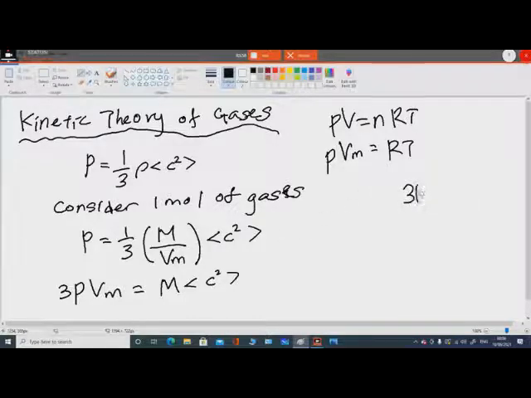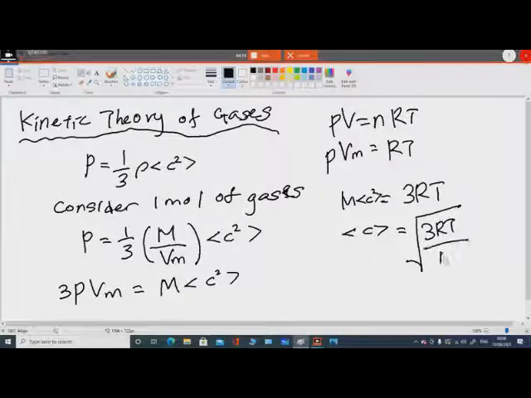So I have M C squared equals 3RT, and the final answer is C equals the square root of 3RT over M, where M is the molar mass. So the root mean square speed is the square root of 3RT divided by M. This is the formula.